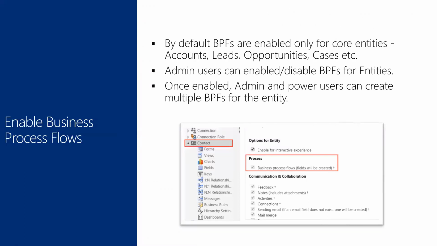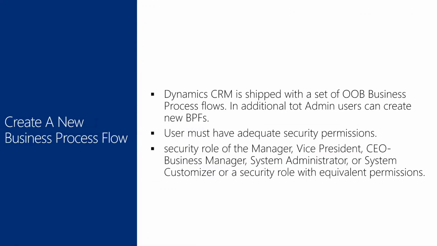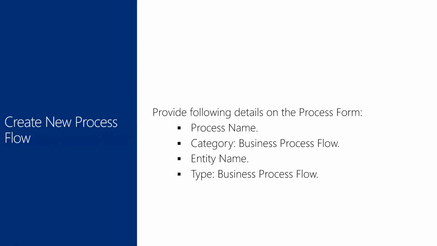Once you have this option enabled, you can create multiple BPFs for that entity. BPFs are an out-of-the-box functionality of your CRM system. Any power user like the manager, business CEO, business manager, system admin, or system customizer can create a BPF, just like workflows. When you try to create a new BPF, it will ask for four basic details, just like the workflow.